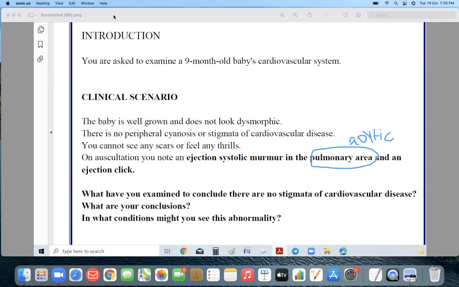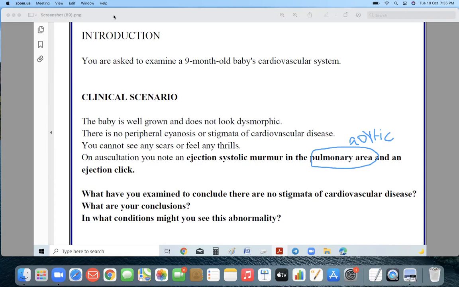Blood pressure can sometimes be higher. It depends where the lesion is: valvular, subvalvular, or supravalvular. If it is supravalvular, blood pressure may sometimes be higher. Otherwise, it will be normal or low.